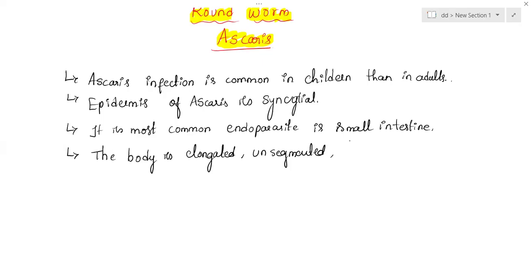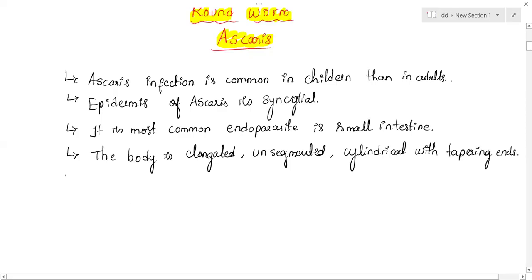Inside there may be partitions, like the excretory cells, but outside they look very clear. So they are unsegmented and cylindrical with tapering ends.